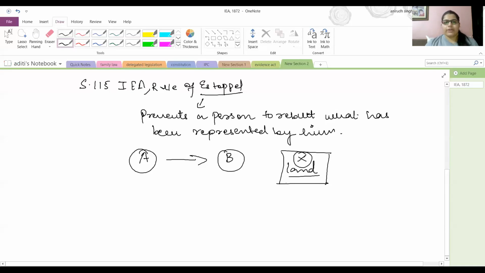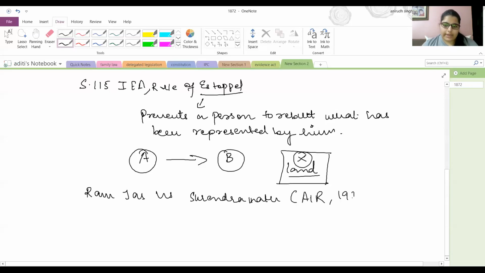At the same point of time, there is a case also. The name of the case is Ramjas versus Surendranath, AIR 1980.